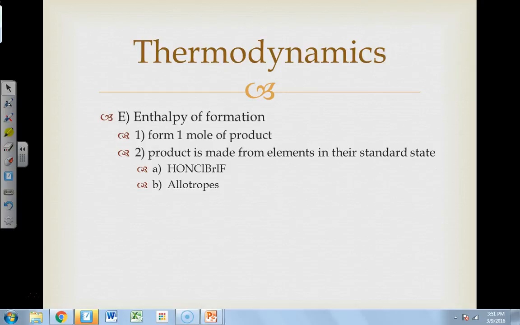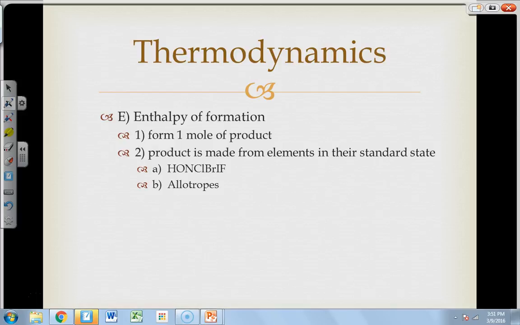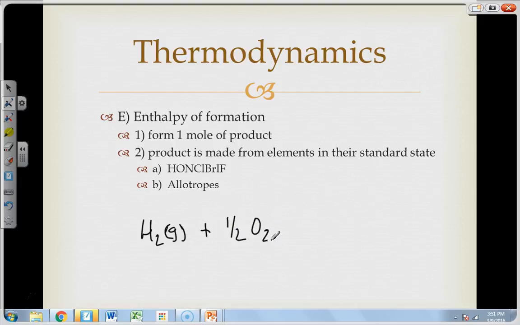So now when we come back here, for that reaction, H2 gas plus 1/2 O2 gas reacts to form H2O.